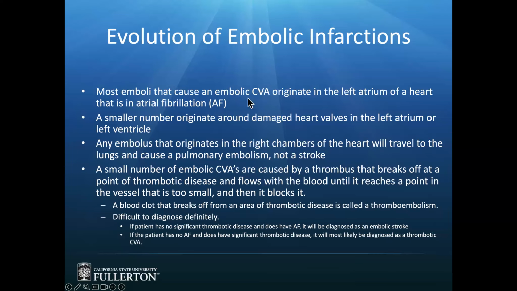So most emboli that cause an embolic CVA originate in the left atrium of a heart that is in atrial fibrillation. And what is that? Atrial fibrillation is a status of the heart when the heart isn't really beating. And I shouldn't say the heart, because the ventricles are beating, but the atria are not.